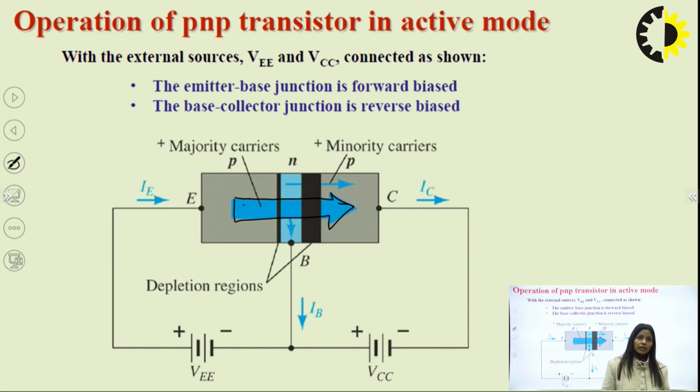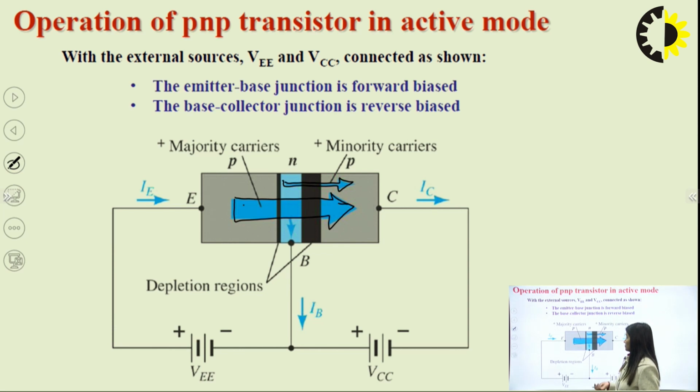This is the majority carrier current. Now some minority carriers present in this P will be repelled from the terminal and they will start flowing like this, and the current will be opposite to the direction of the flow of the electrons. So the current has been shown, but it is very small in comparison to the majority carrier current.